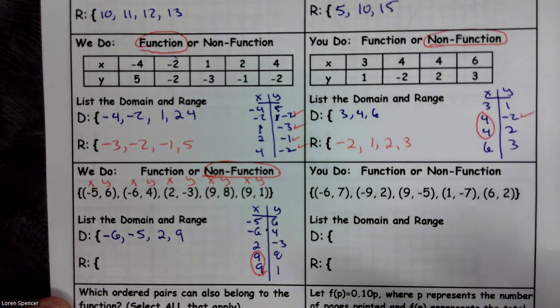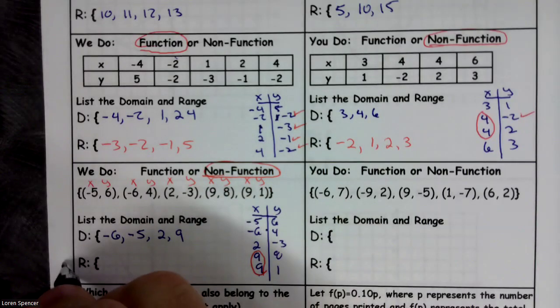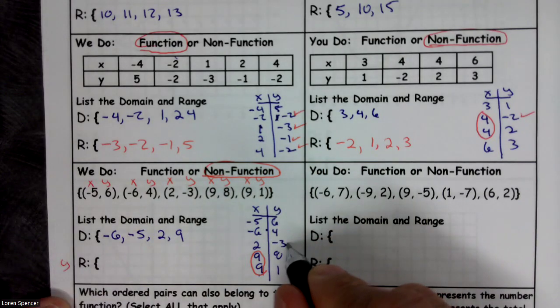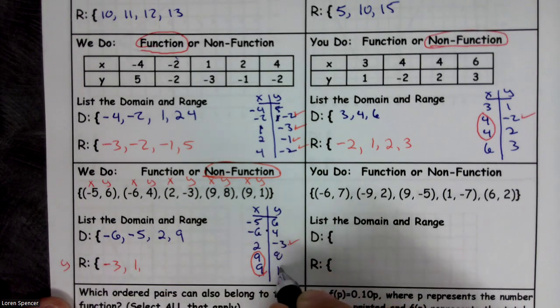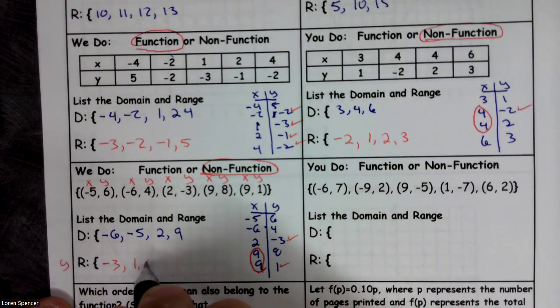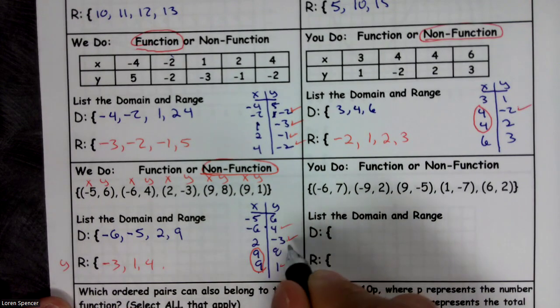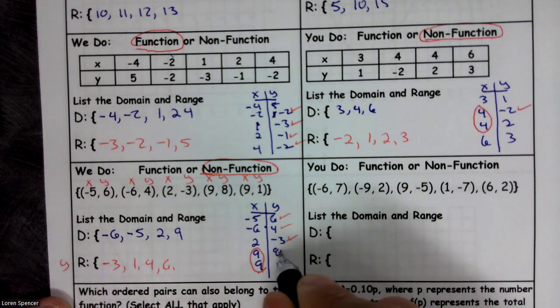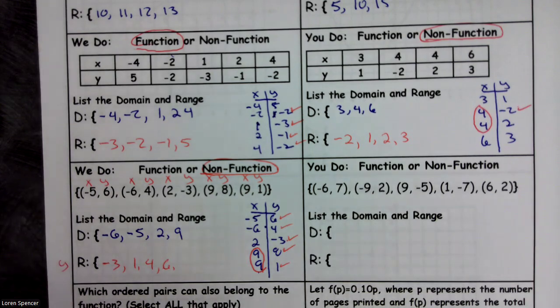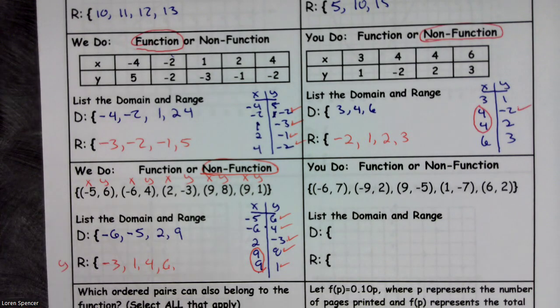On the range, and remember the range is the y values, the smallest y value is -3. That checks off. Then we have 1. Then we have 4, followed by 6, followed by 8.